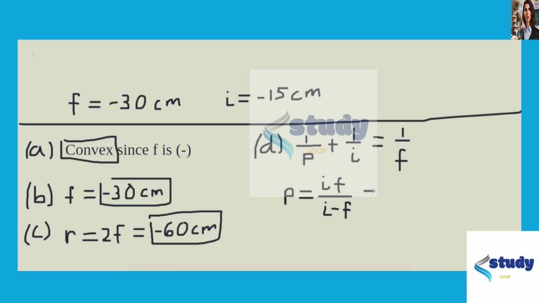Plugging in the values for I and f into this expression, we find that p is equal to 30 centimeters. And that's positive, and we can box it in as our solution for D.